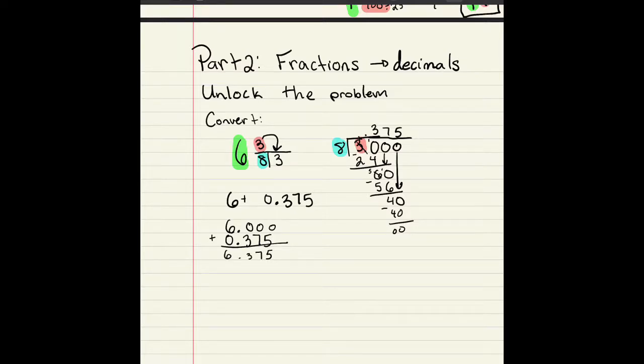So basically you just have to add that 6 back on. Unless we had a 1 right here, then the 6 would become a 7, right? But in this case, since there's a 0 here, you just add it on. So this is what 6 3/8 is as a decimal.